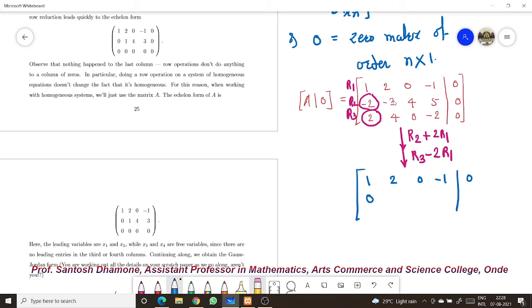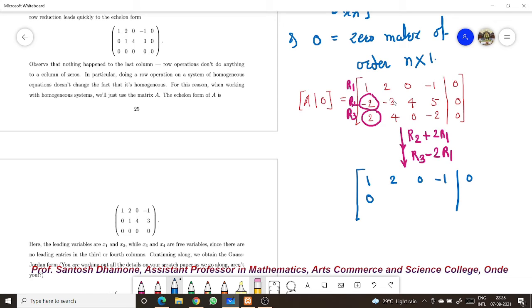Here the leading variables are x1 and x2. This is x1, this is x2. While x3 and x4 are free variables, since there are no leading entries in the third or fourth column.